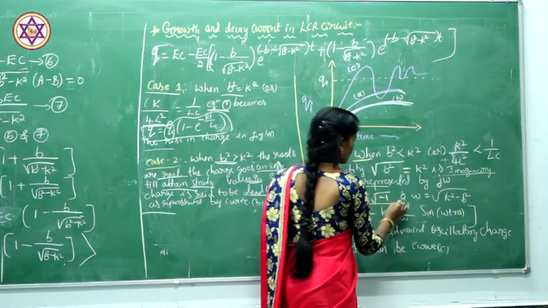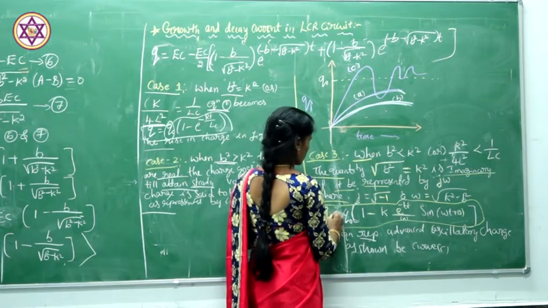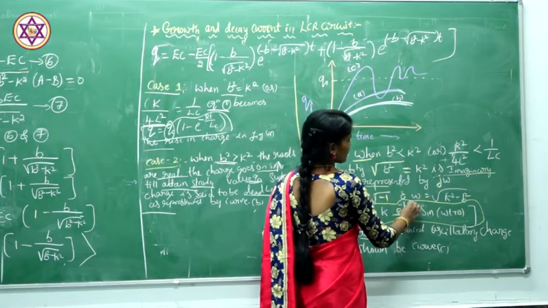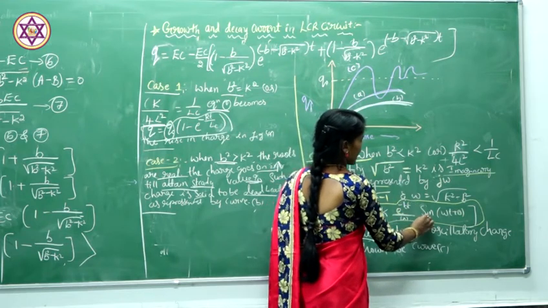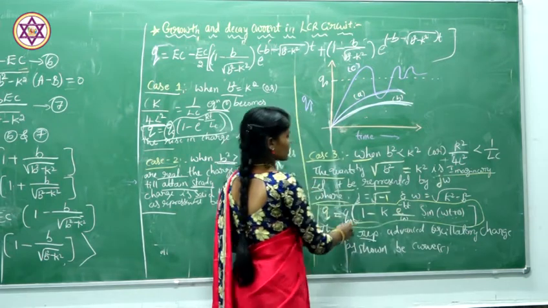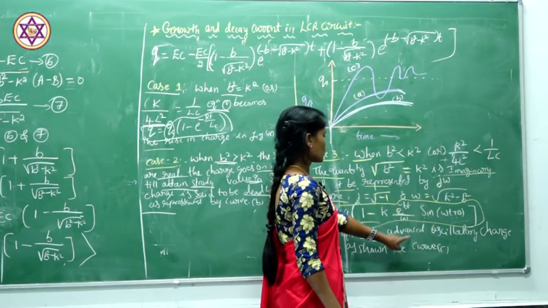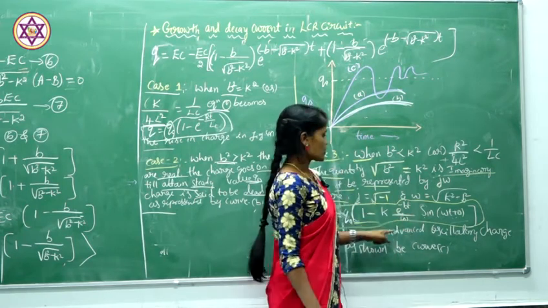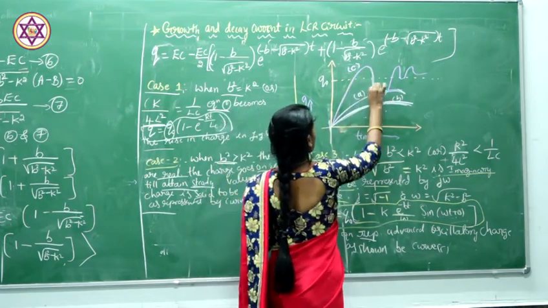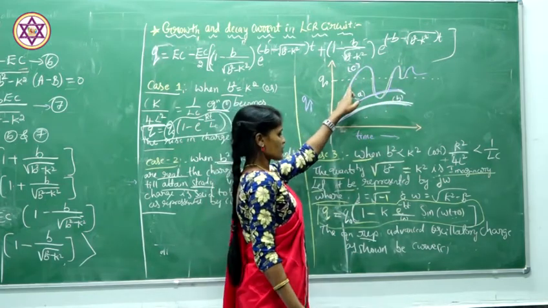Once again, this equation for the charge, Q is equal to Q naught 1 minus k into e to the power of minus bt by omega sine of omega t plus theta, represents the damped oscillatory charge shown in the curve. Here the curve is C, where b square is less than k square.